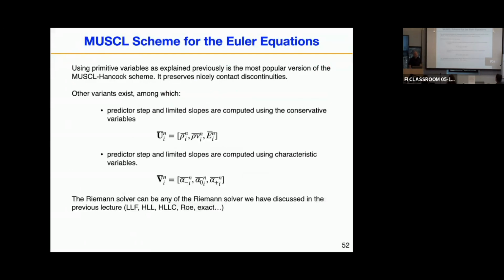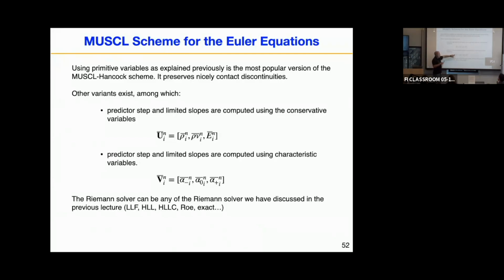So as I said, you have freedom to use different variables to do this slope limiting, right? I'll show you the example with primitive variable, but you can also use the conservative variable. Some people do that, so they don't transform the conservative into primitive, they keep the conservative, and they use the slopes on the conservative variable.